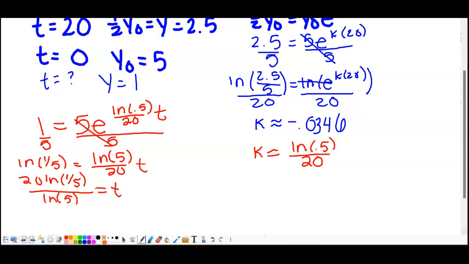It's just a bunch of typing on a calculator. And you get 46.4385, which means on the 46th day, there will be 1 gram.